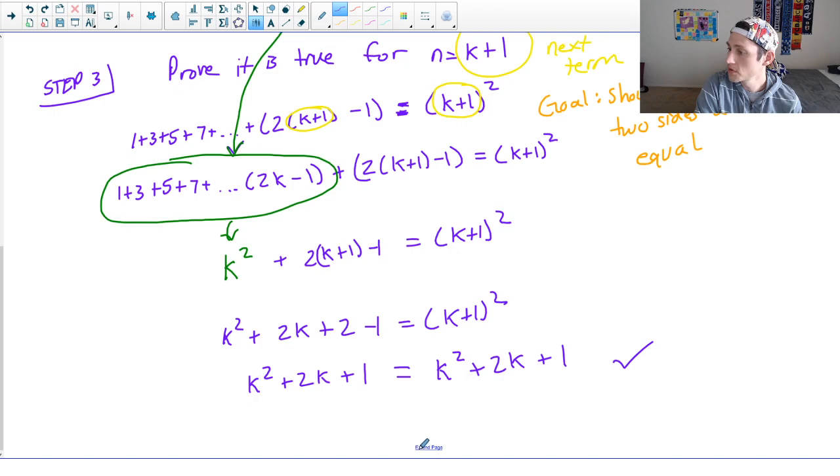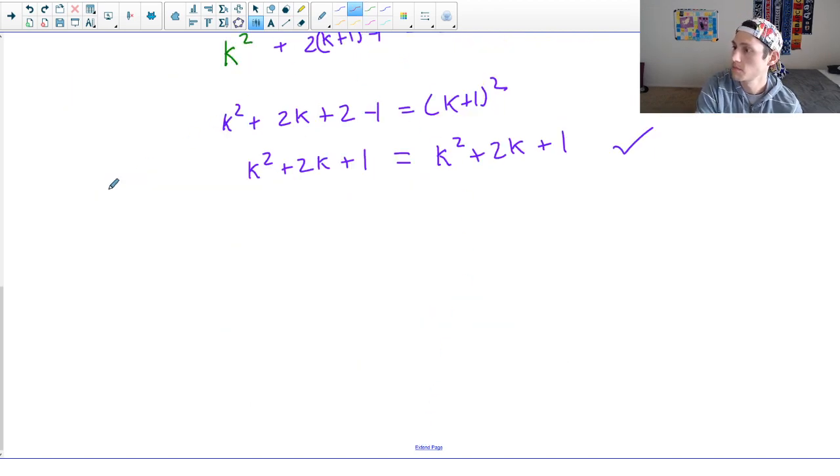Okay, so once I've proved that those are actually equal, then I can conclude. So you're going to see me draw this thing. This is like saying therefore. It's commonly used in math proofs like this.